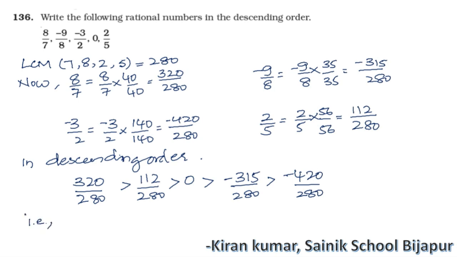That is 8 by 7 larger than 2 by 5 larger than 0 larger than negative 9 by 8 larger than negative 3 by 2. This is how you require to express in descending order.